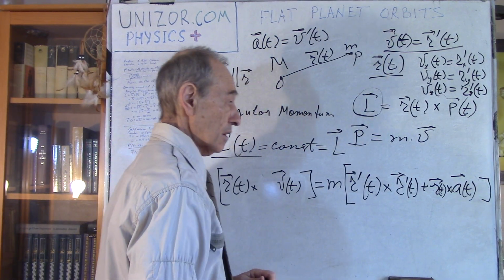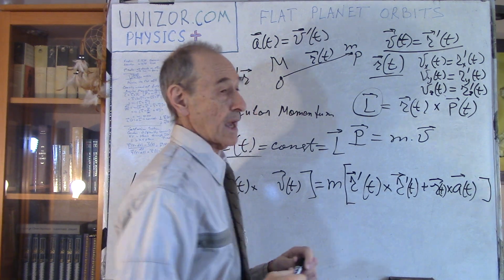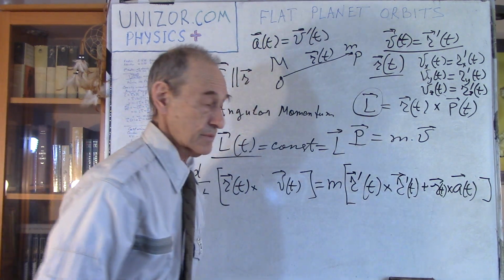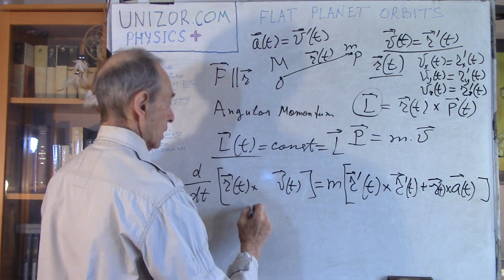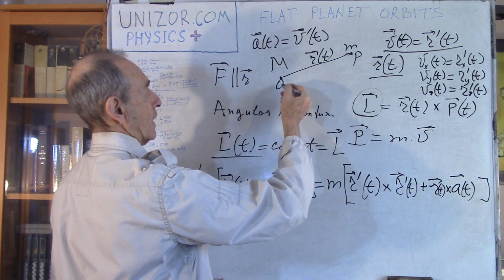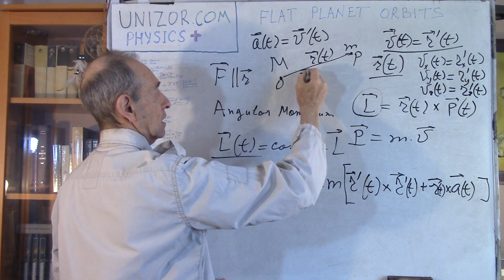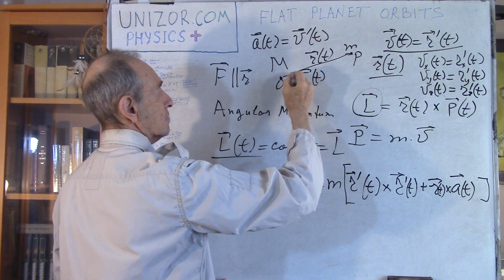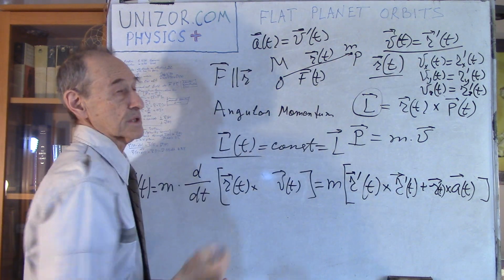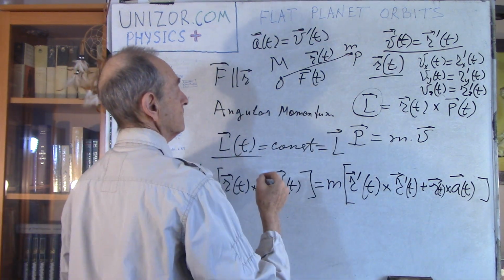Now, here we have a central field, right? A central field is characterized by the fact that the direction of the force is exactly the same as the direction of the position vector, right?